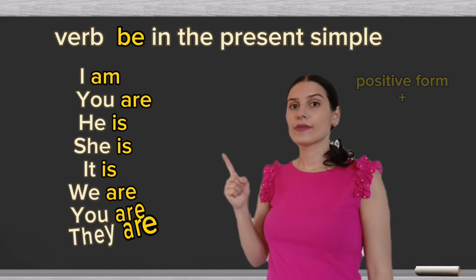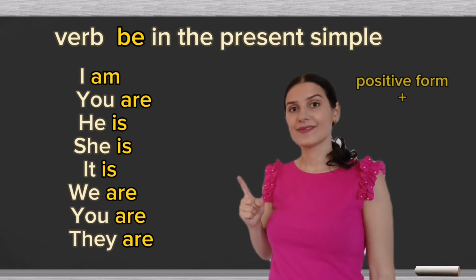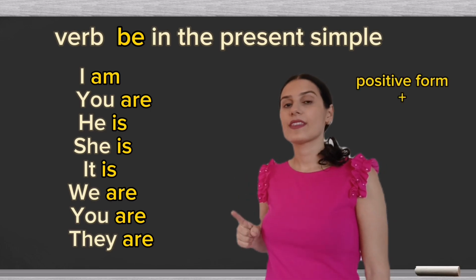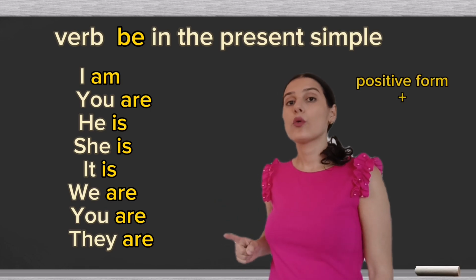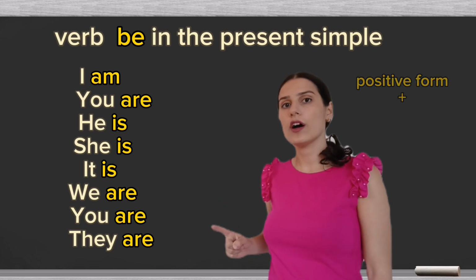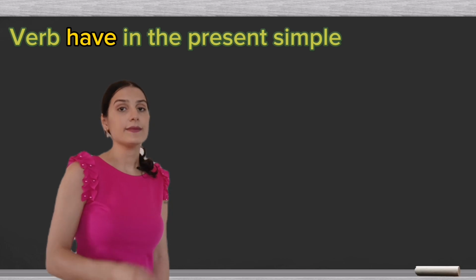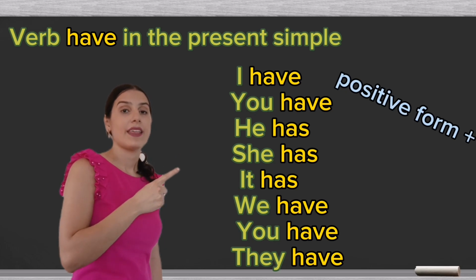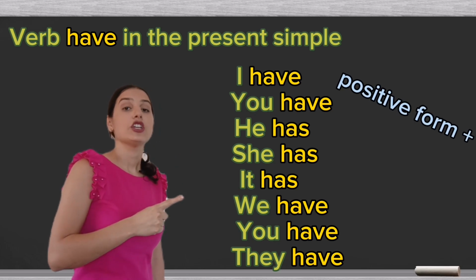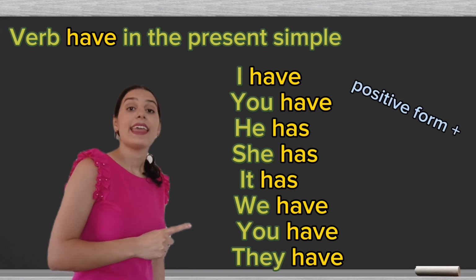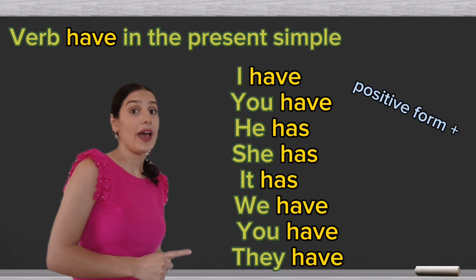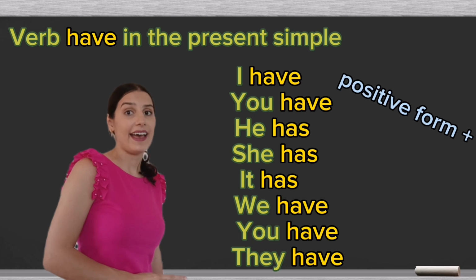I am, you are, he is, she is, it is, we are, you are, they are. Verb have in the present simple tense. I have, you have, he has, she has, it has, we have, you have, and they have.